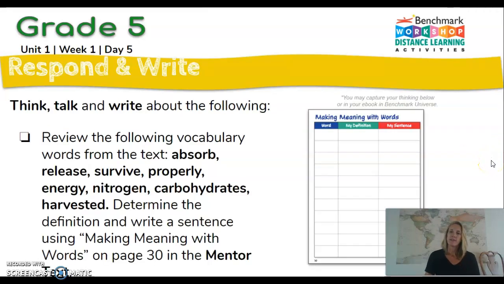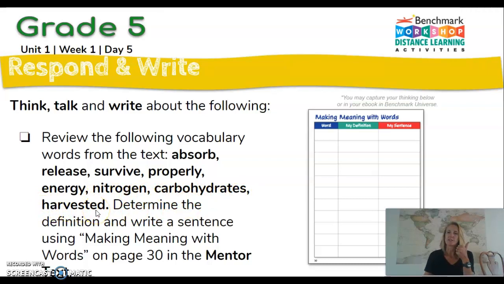All right, and then we're going to take some key vocabulary from these two articles. We're going to focus on absorb, release, survive, properly, energy, nitrogen, carbohydrates, and harvested.